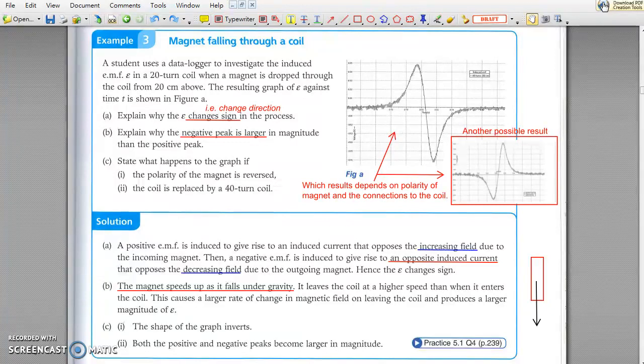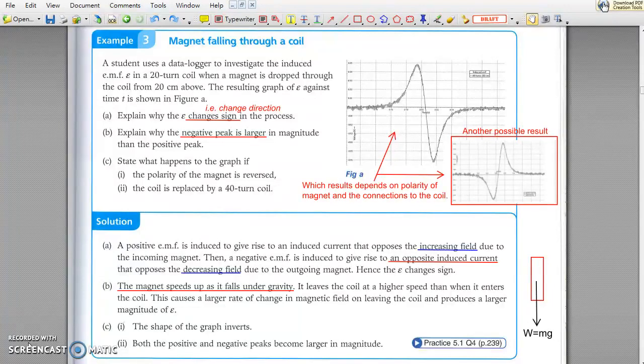By the way, the magnet does not actually accelerate at 9.81 meters per second squared, but a bit slower. In terms of energy, the gravitational potential energy loss of the bar magnet is partly changed to electrical energy in the circuit due to electromagnetic induction.